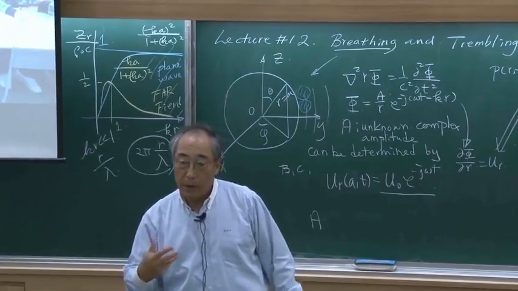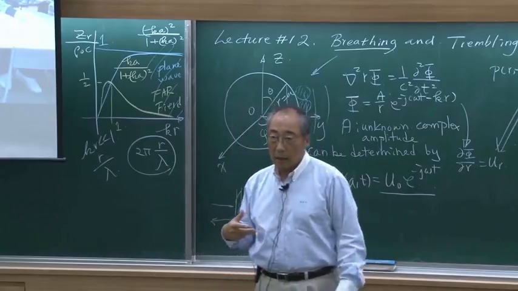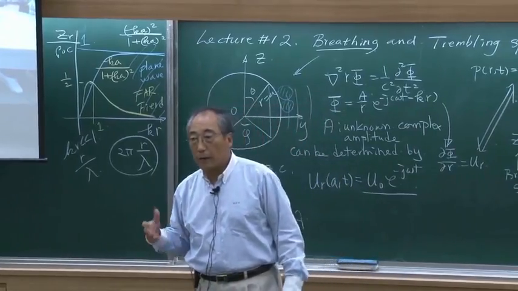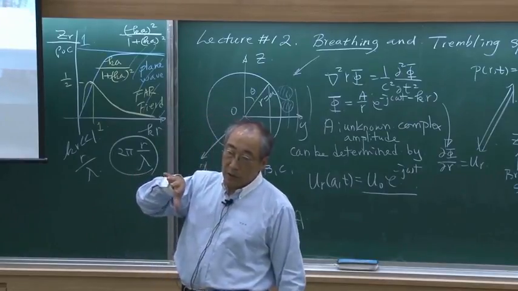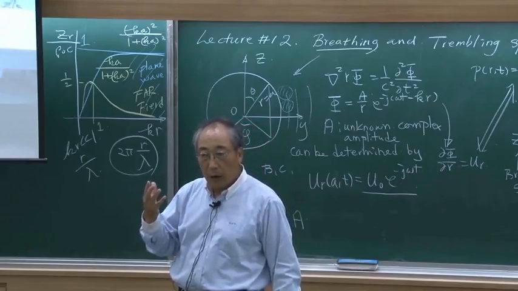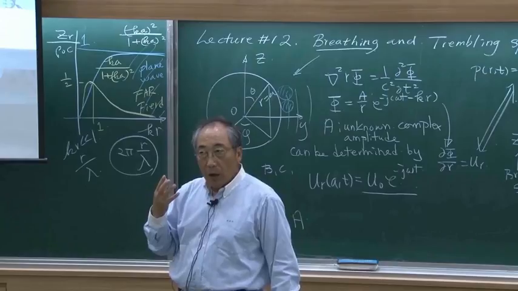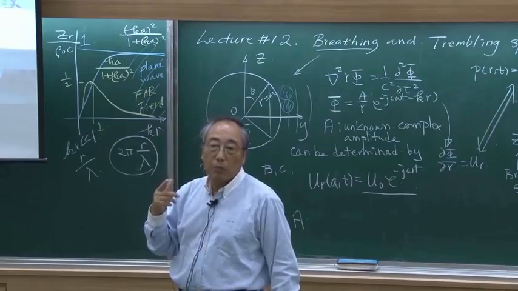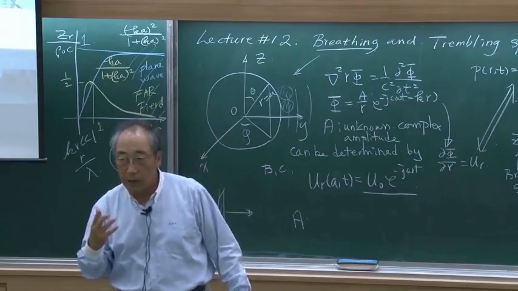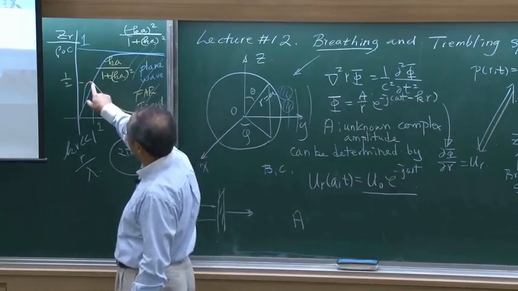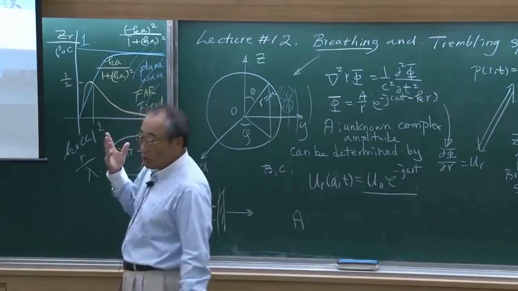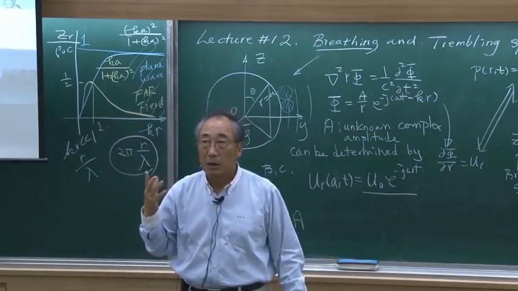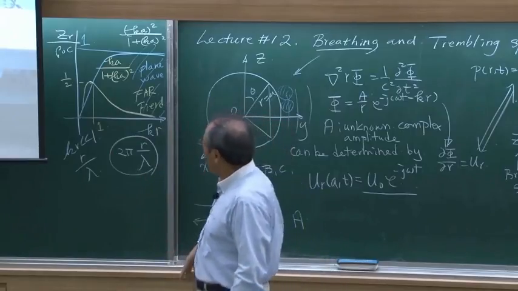That means I am away from the center by 1 over 2 pi times the wavelength, approximately 1/20th of a wavelength. In that case, the participation of the real part and imaginary part is equally likely. And then it suddenly decreases. The contribution of the imaginary part is getting smaller and smaller.